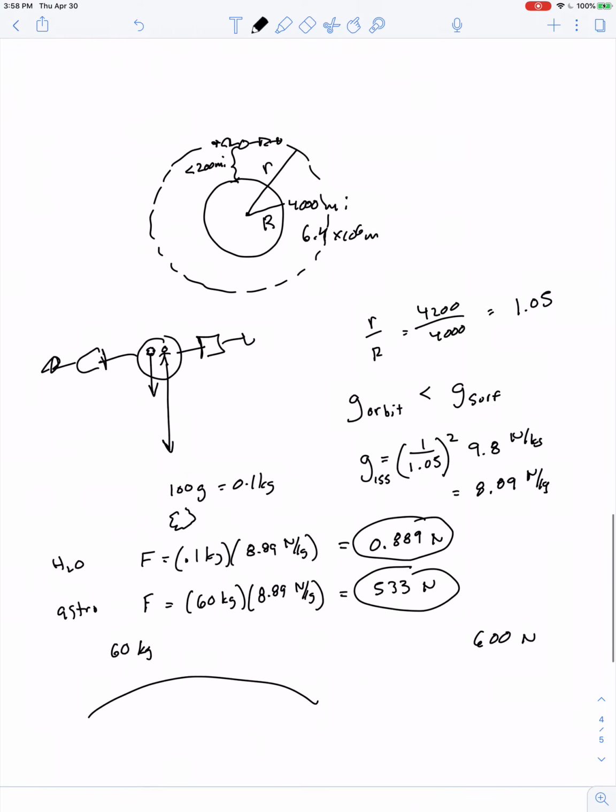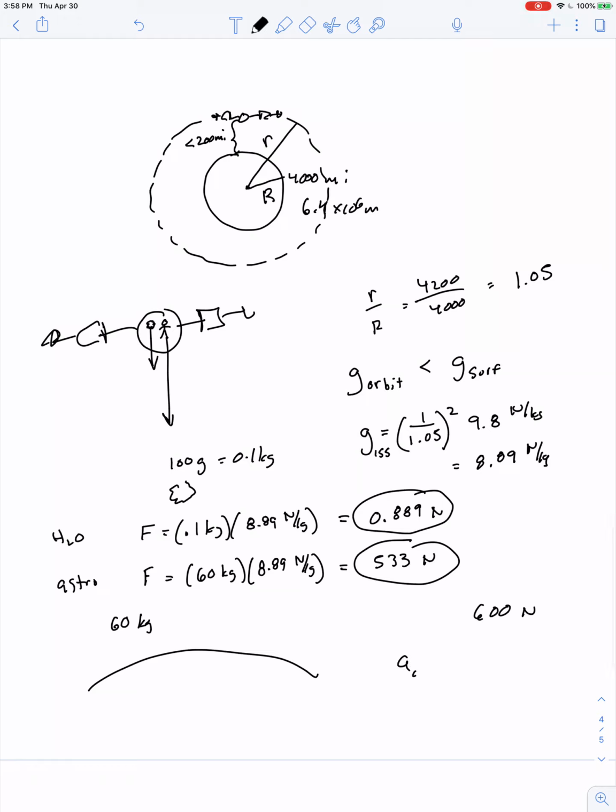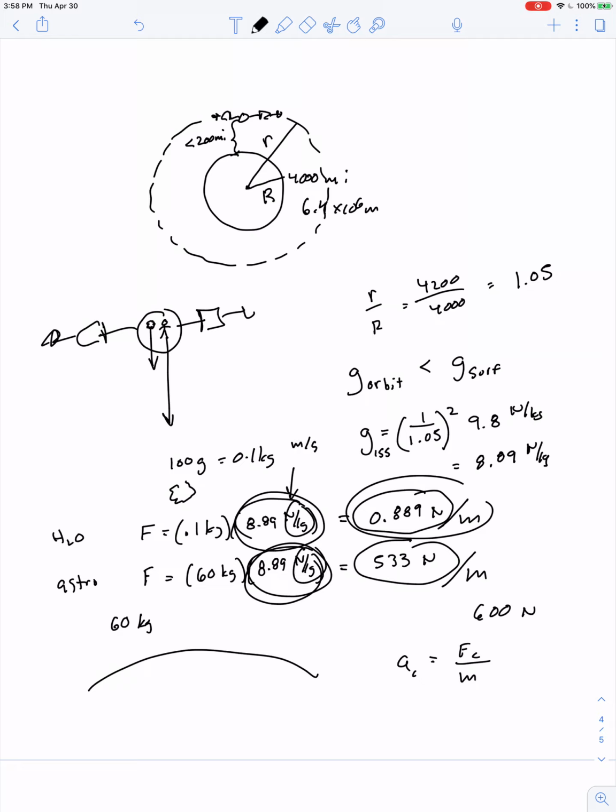And the reason is, if we want to find their centripetal acceleration, we would divide this centripetal force by their mass. But if I were to divide by mass on both of these, then it would just give me back the gravitational field strength. And keep in mind the gravitational field strength, although expressed in newtons per kilogram, would be the same thing as some number of meters per second squared, meaning that everything on board the International Space Station, including the space station itself, all have the exact same acceleration as one another.